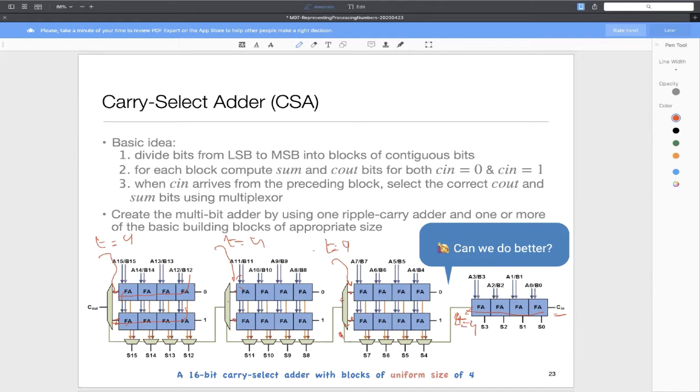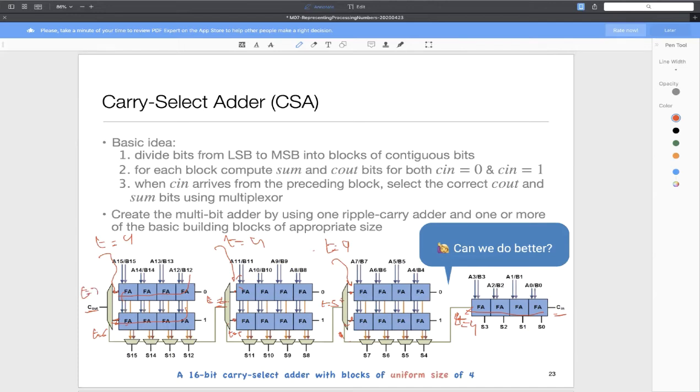Since the mux has a delay of 1, the output becomes ready at t equal to 5. For mux 2, the select input only comes at t equal to 5, so its output will not be valid until t equal to 6. And for mux 3, the select input comes at t equal to 6, so the final carry out will only be valid at t equal to 7.